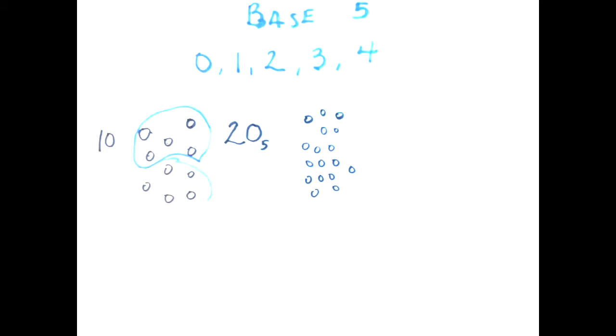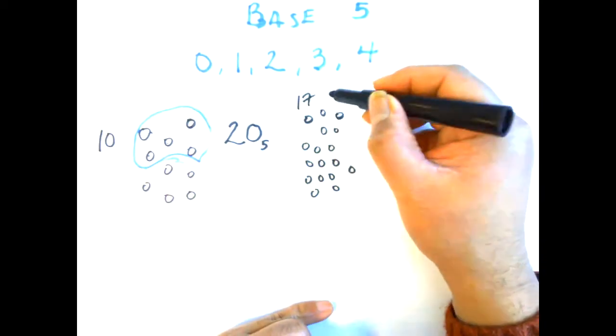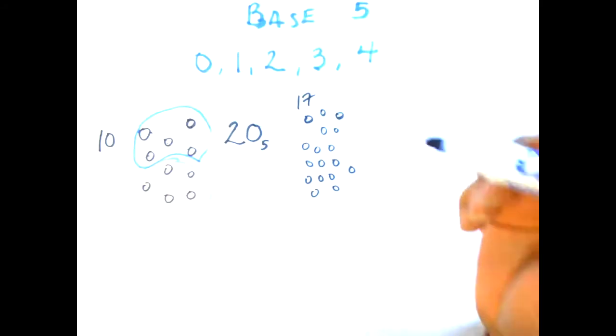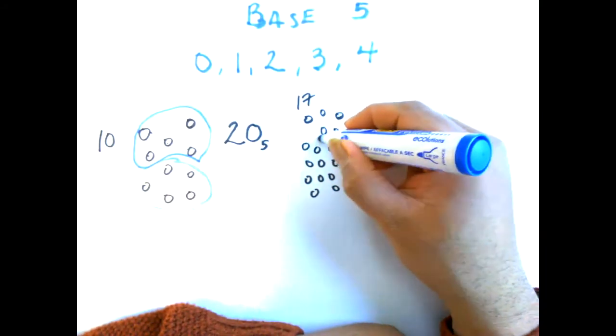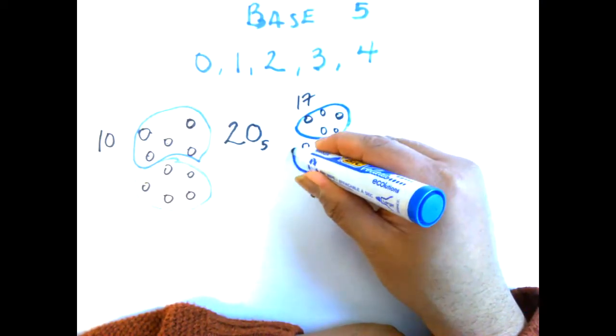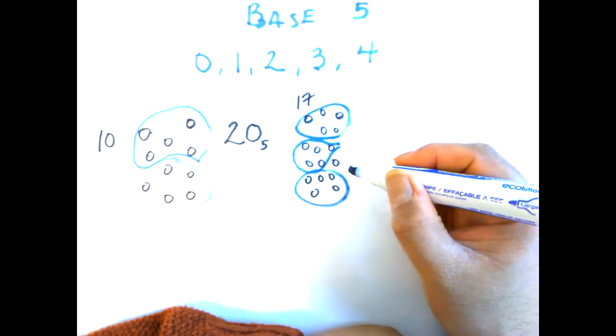So that's 17 in our counting system, right? But when we count in 5s, which is the base 5 system, we group them into 5s. So we have one group of 5, 2 groups of 5, and then 3 groups of 5.